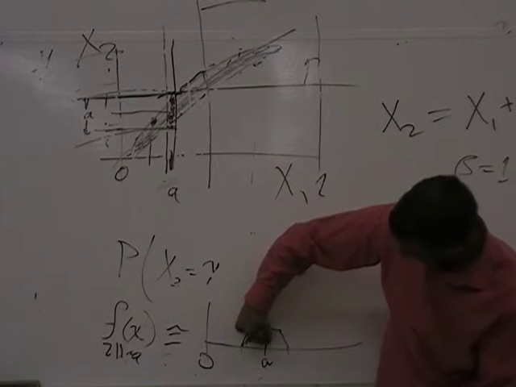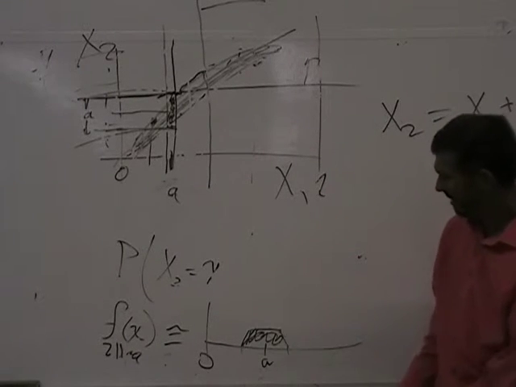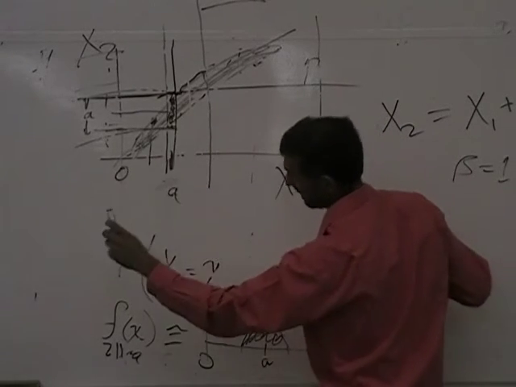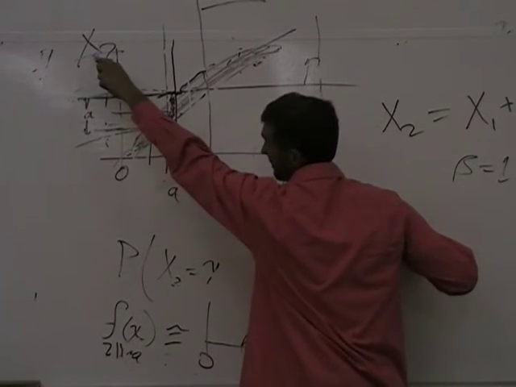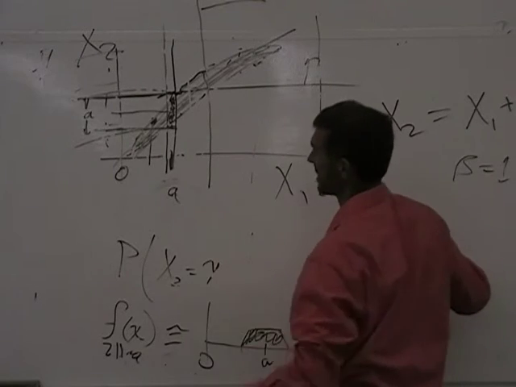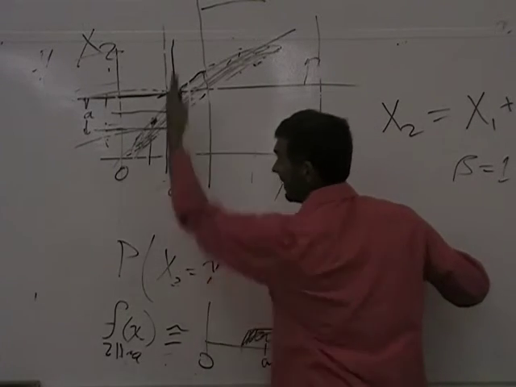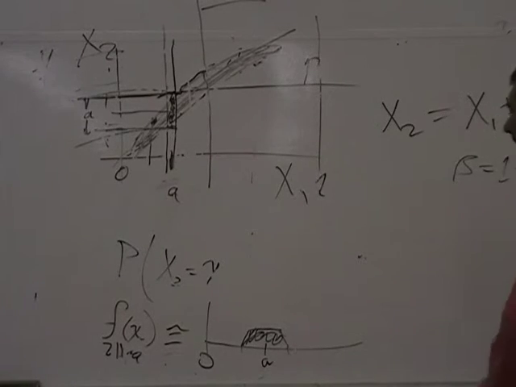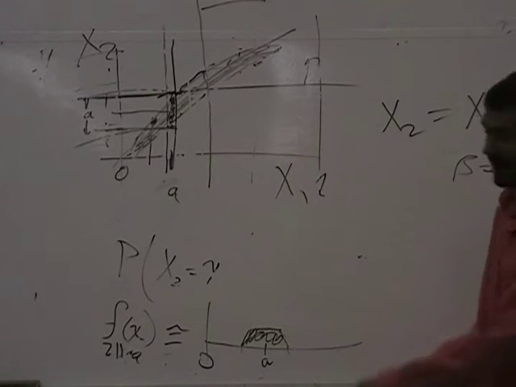Okay, so this is my probability distribution for this random variable conditioning on this area that's known.